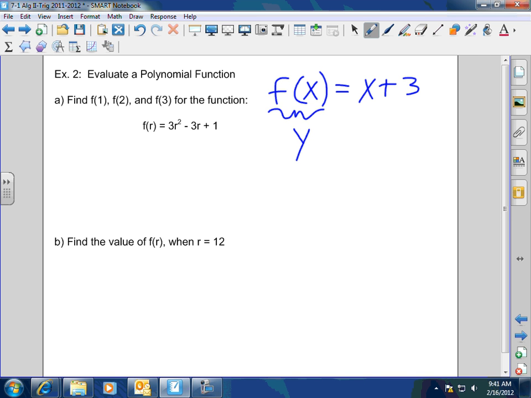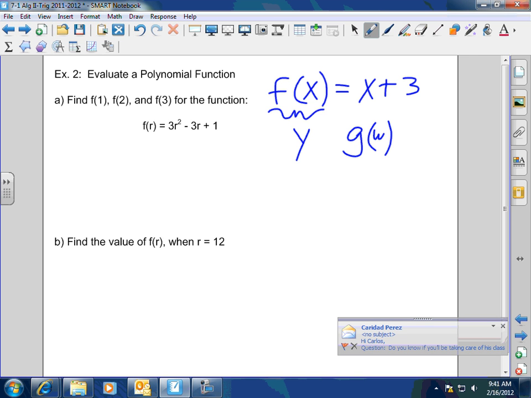F of x is the dependent variable. And this f here, that's just the name of the function. This is function f with independent variable x. If I have a g of w, this is function g with independent variable w.